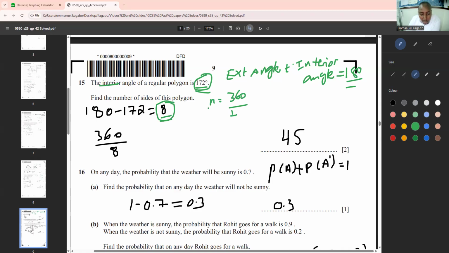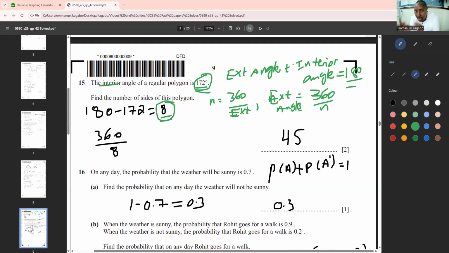We know that one exterior angle is equal to 360 divided by the number of sides. Okay, let me repeat myself if I made it confusing somewhere.